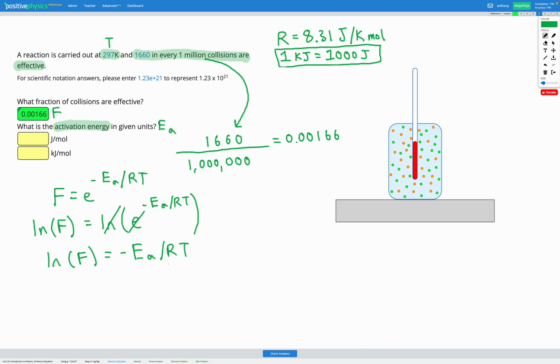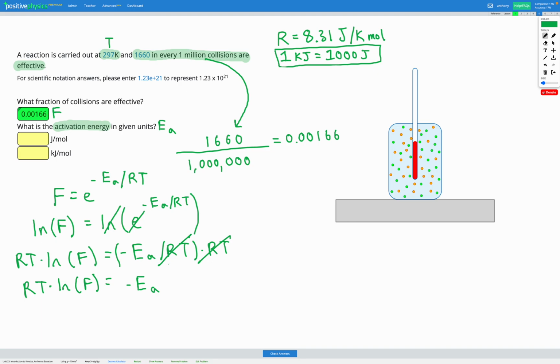So we're trying to find the activation energy. Right now it's divided by RT. So let's multiply by RT on both sides. That means the RTs are going to cancel out on the right, and we're left with negative EA on the right and RT multiplied by ln F on the left.